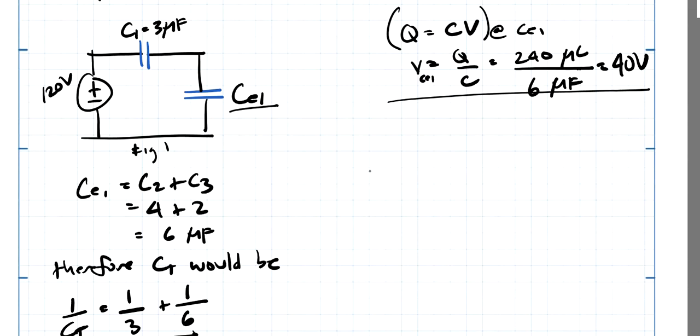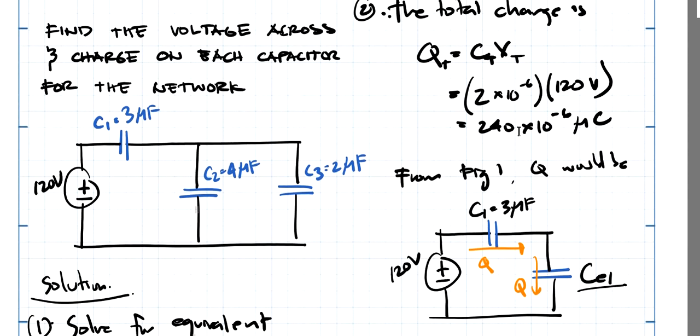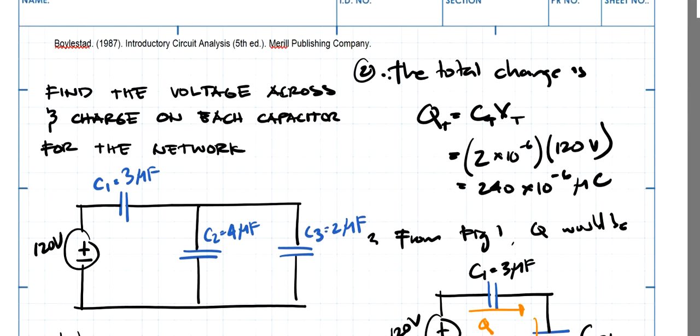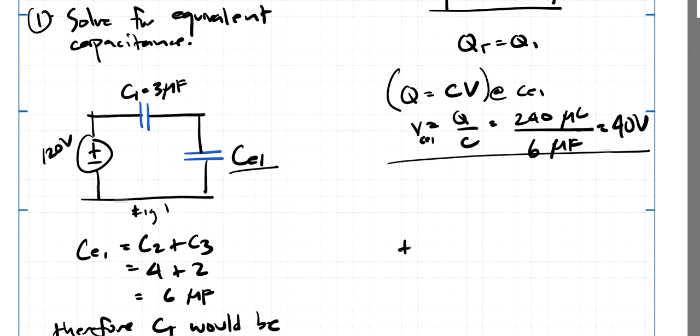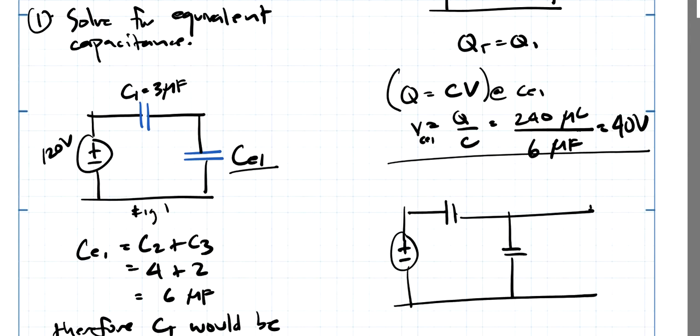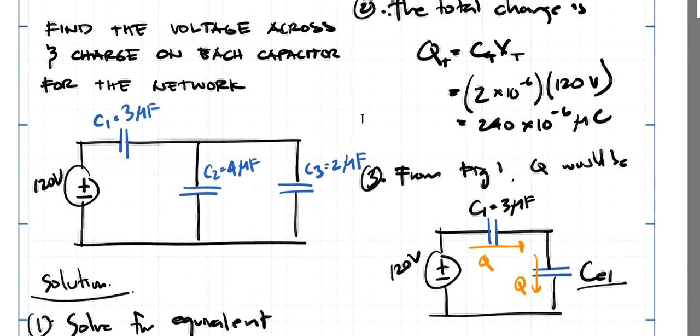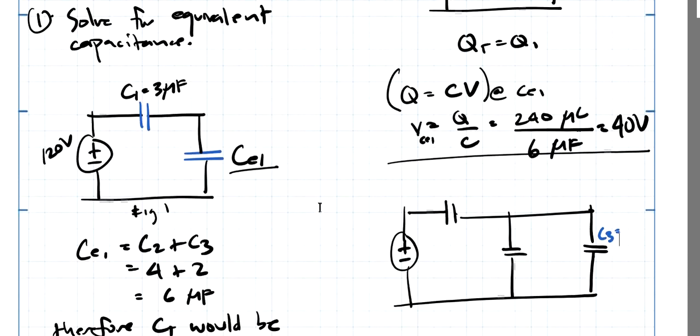Okay, so now let's draw. Maybe we'll do this as step 3. Now let's draw, plus, minus, we have here C2 and C3. Recall that C3 is already given as 2 microfarads, and C2 is equal to 4 microfarads.